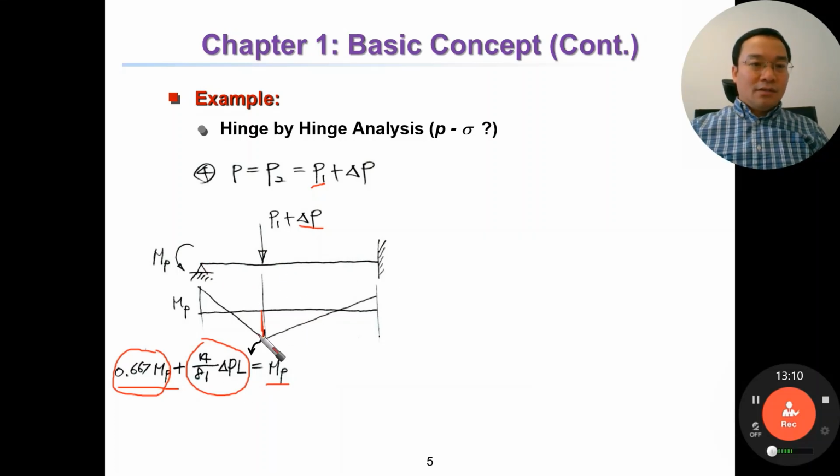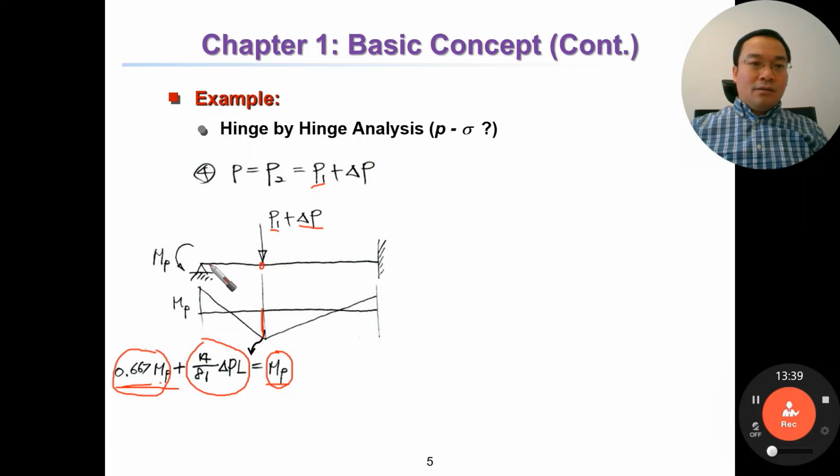Okay, so again, this part is due to P1, and this part is due to ΔP of this structure. Then we use the superposition method. Then we have the moment here equal to this plus this one equal to MP for the second hinge. So the second hinge will occur here as we already mentioned.